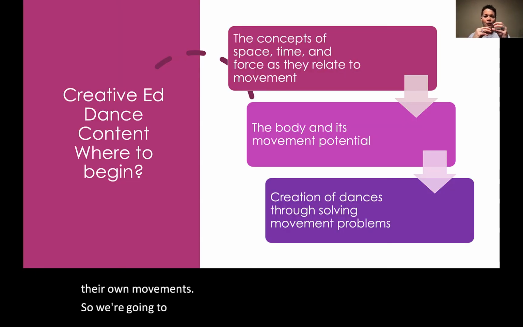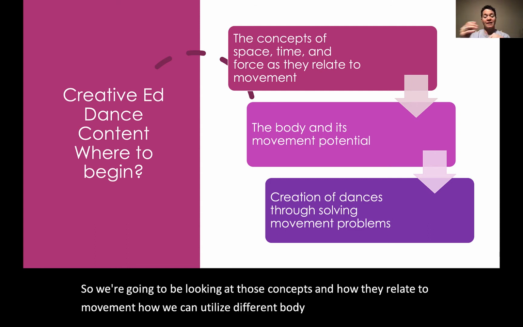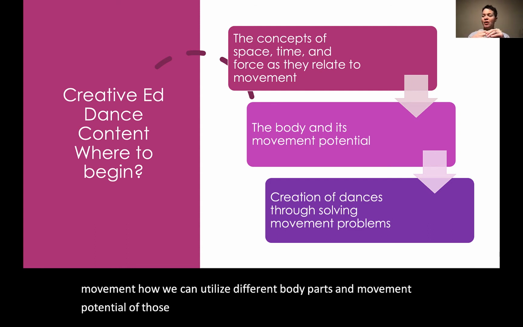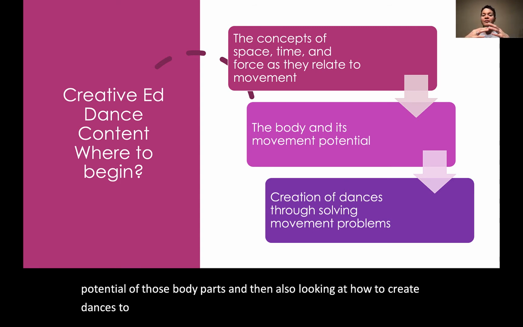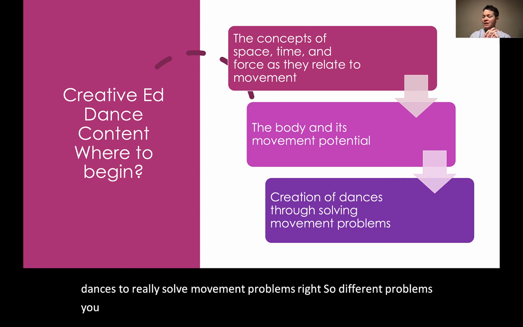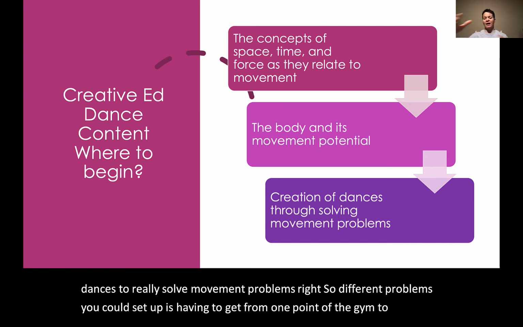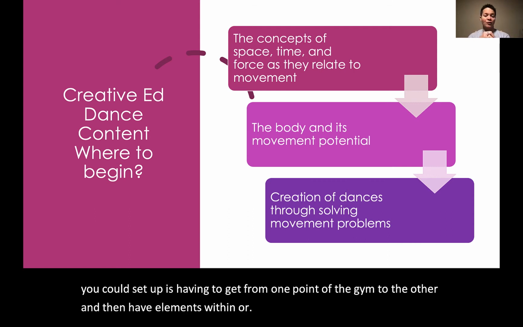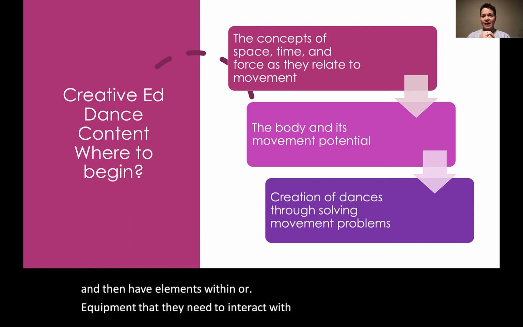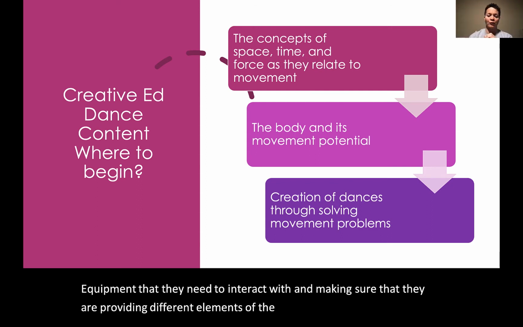We'll look at those concepts and how they relate to movement, how we can utilize different body parts and their movement potential, and also how to create dances to solve movement problems. For example, you could set up a problem of getting from one point of the gym to the other, with equipment they need to interact with, making sure they provide different elements of the dance throughout their moving across the gym.